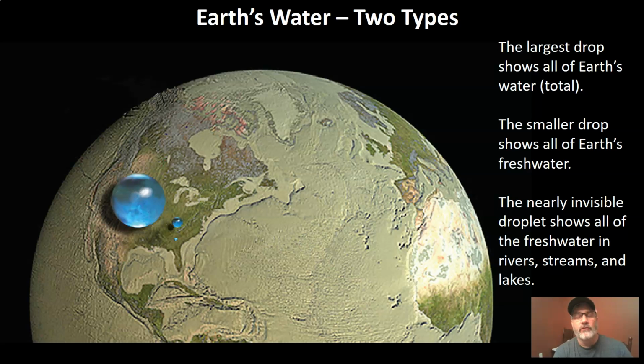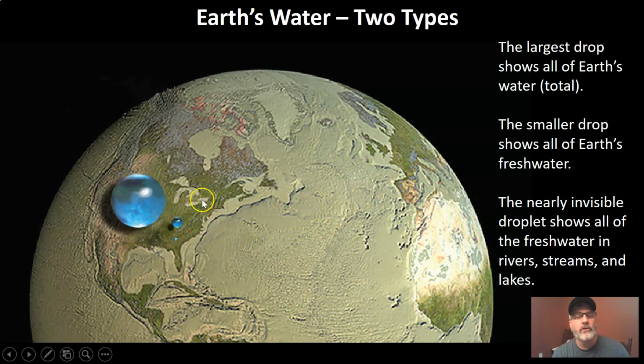So, this image gets us a long way to helping understand that. This is Earth with all of its water drained away and put into these tiny droplets. Okay, so there's three droplets here. We have this bigger droplet, we have a somewhat smaller droplet, and if you look just inside my cursor right here, you can see that there is in fact a very tiny droplet here.